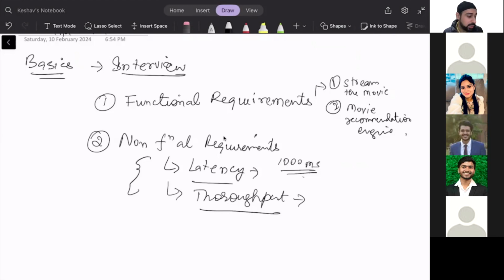One way, I can give an example. Let's say somebody asks me to design Netflix, and I have to figure out the throughput, and it's an interview. You cannot spend a lot of time and effort figuring this out.